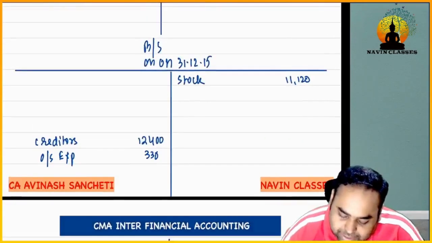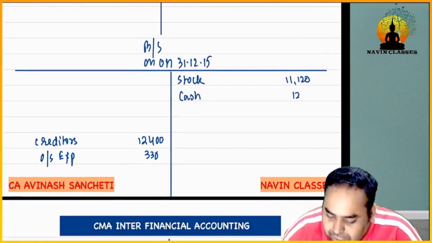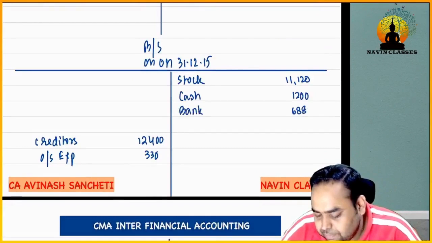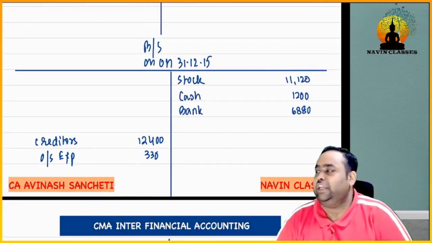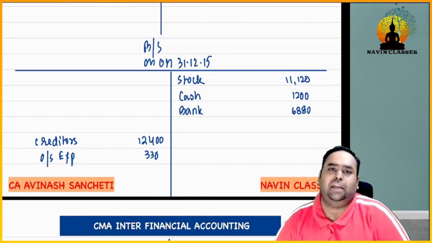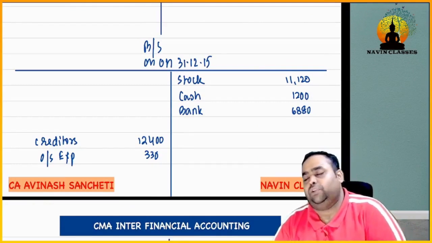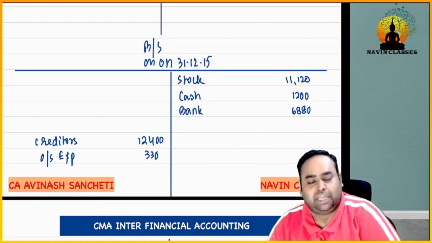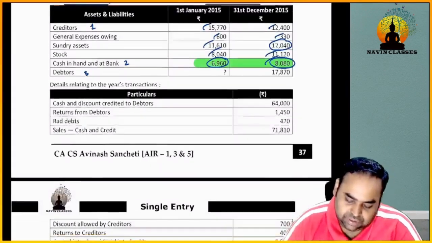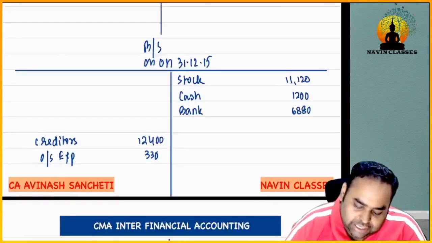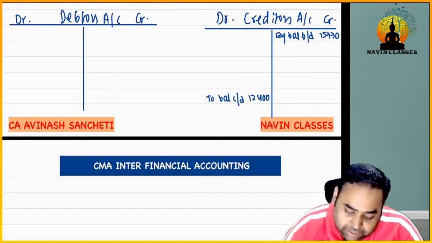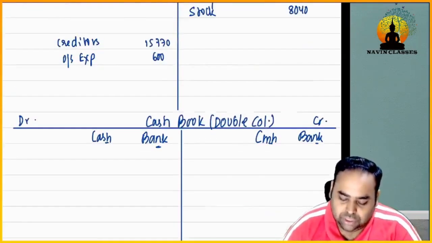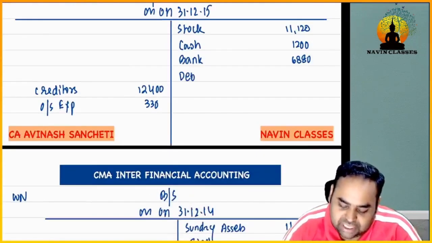This will be included in the closing balance sheet. We'll write cash 1,200 and then we will write bank 6,880. The question has given separate information of closing balances. If closing is 1,200 cash, then bank balance will be 6,880. Done. Let's move further. Now we have the closing balance of debtors. It's 17,870. So write by balance CD 17,870. Now in the closing balance sheet, the debtors will be 17,870.